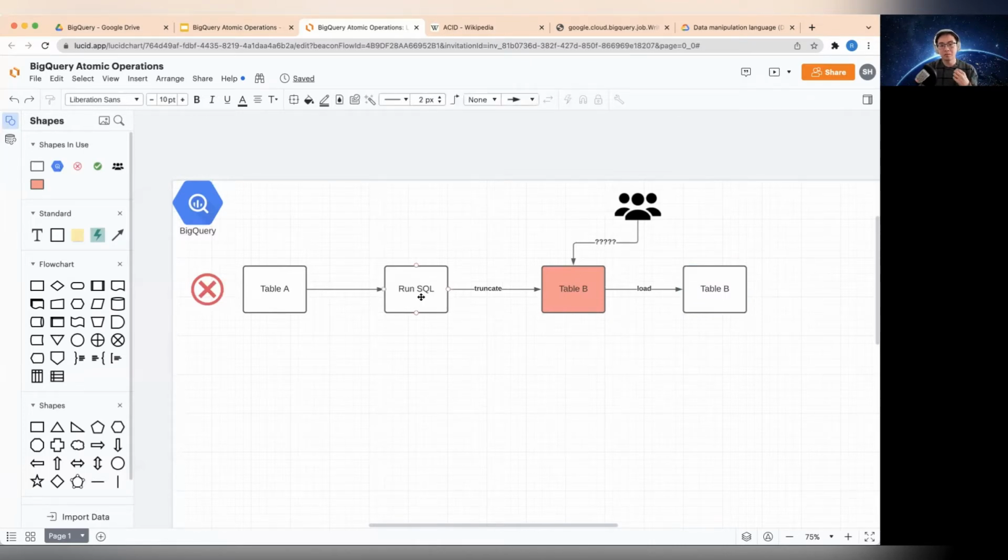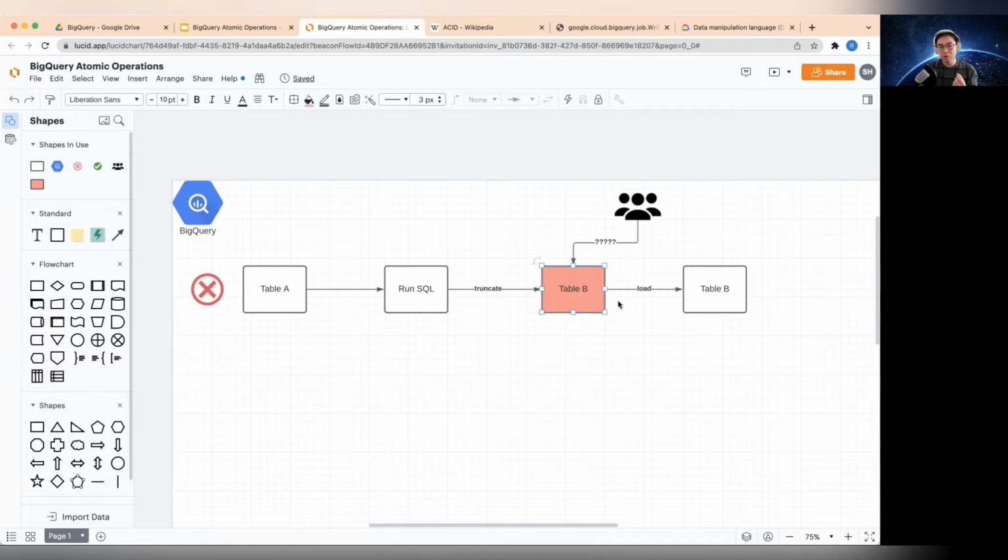Imagine there are some issues with this data, and for some reason it's not compatible with the table B schema, or there is some bad data so you couldn't load it into table B. If you ran it straight into table B, that operation would have failed.